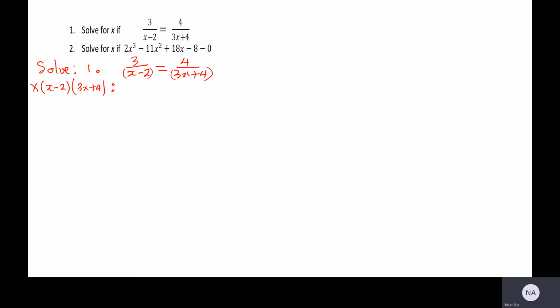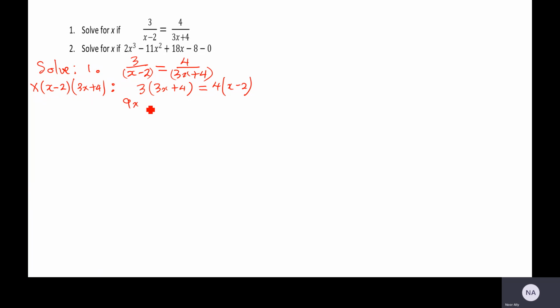So the x minus 2 times 3x plus 4. So I'll get 3, the x minus 2 cancels, times 3x plus 4. So we remove the denominators of the fractions by multiplying through by the LCD. 4 times x minus 2, removing the brackets.